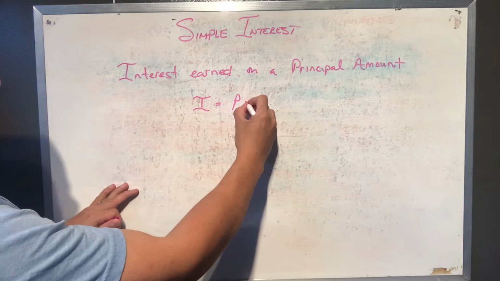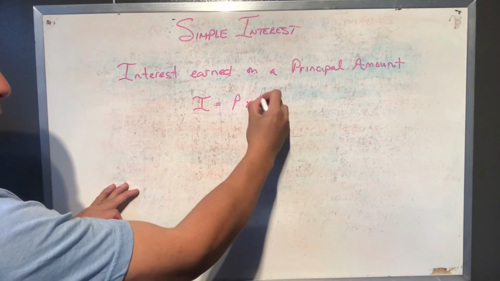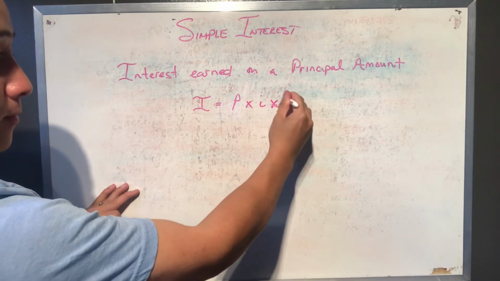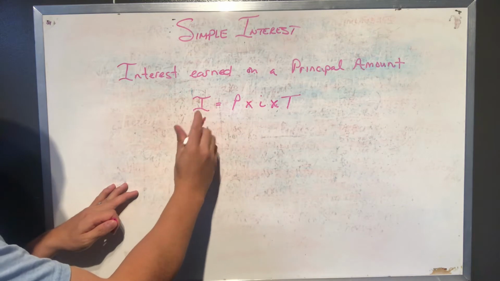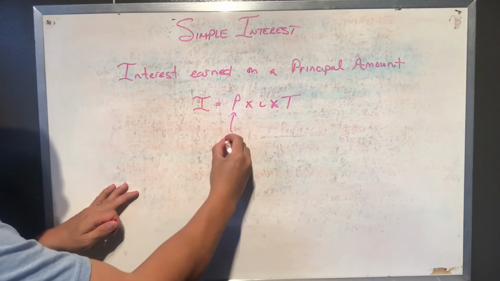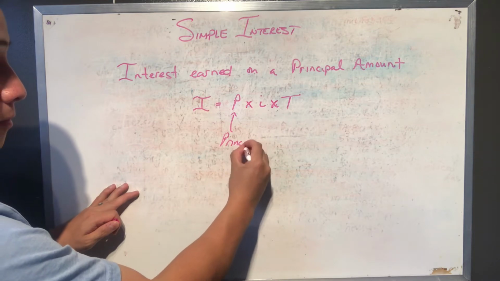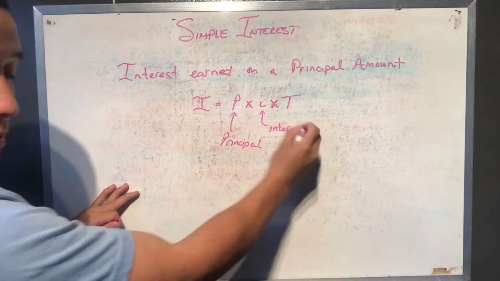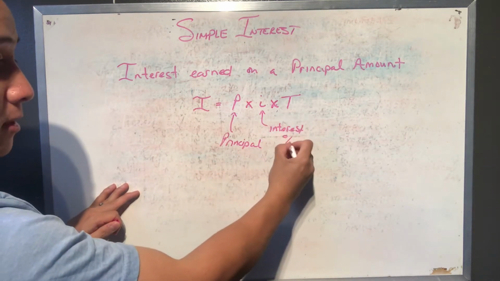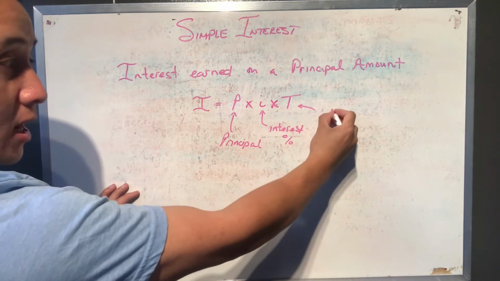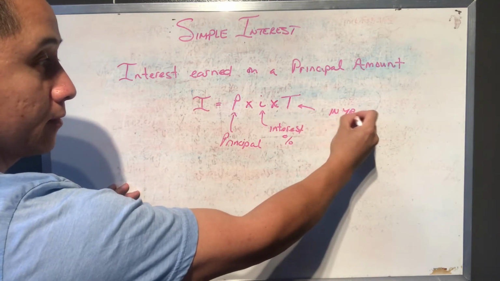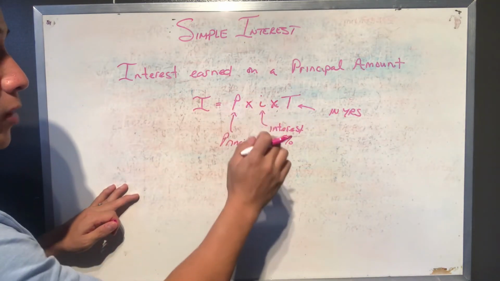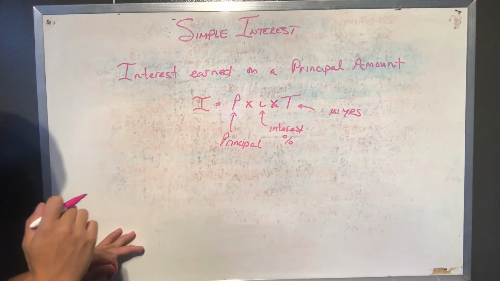I is equal to P times R times T. Here I is the amount of interest, P is the principal, R is the interest rate as a percent, and T is the time in years. So interest is equal to principal multiplied by interest rate as a percent multiplied by T, time in years.